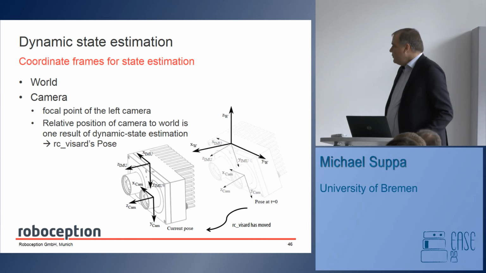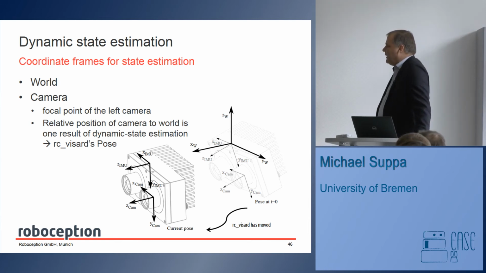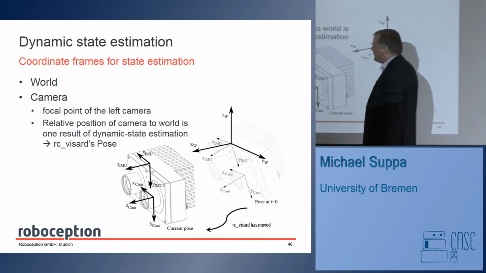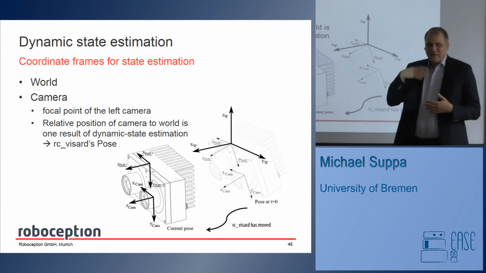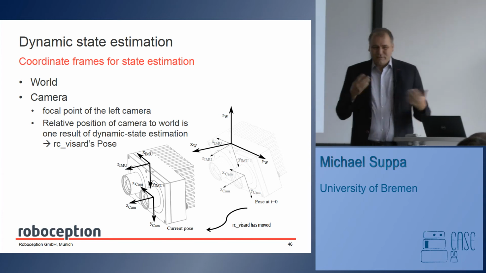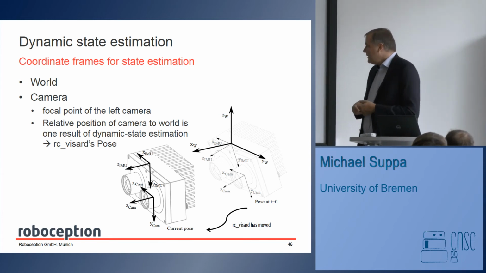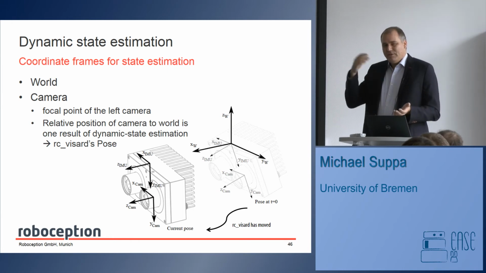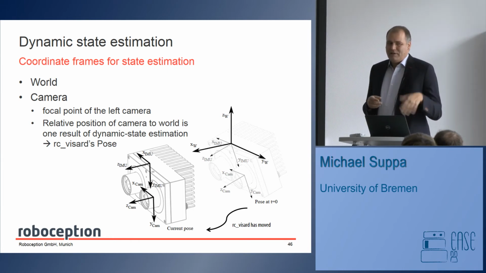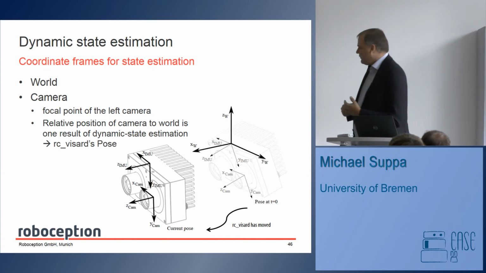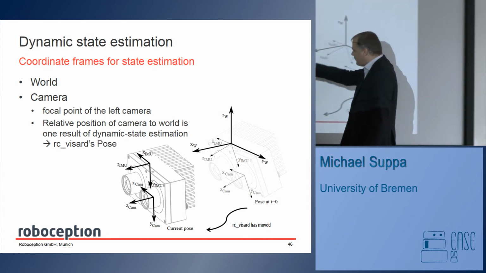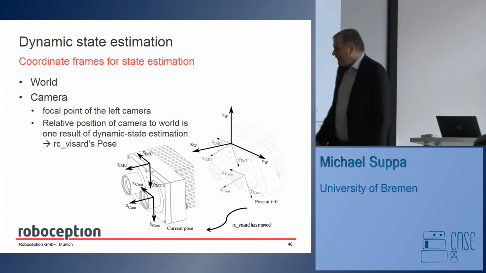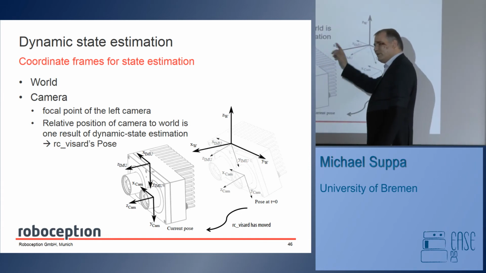When you move it, you have a relative movement of the system, and you're mostly referring the system to the left camera, because if someone in the end wants to use the system, you need to define it somehow. Also, if you want to calibrate it to a robot, it's very hard to calibrate the IMU to the robot, but it's easy to calibrate the camera to the robot. It's always good to take a reference system that you can also calibrate when you put it on another device.